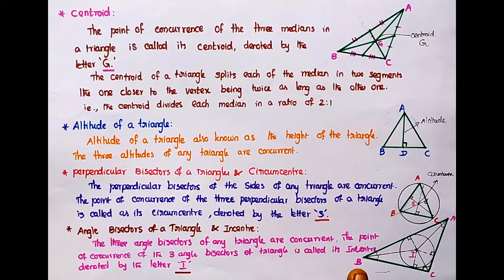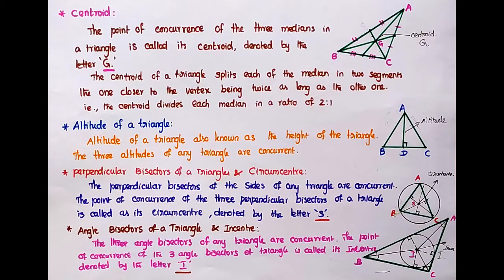That is the angle bisector of a triangle. The three angle bisectors of any triangle also pass through one point. That point is called the incenter, denoted by the letter I.